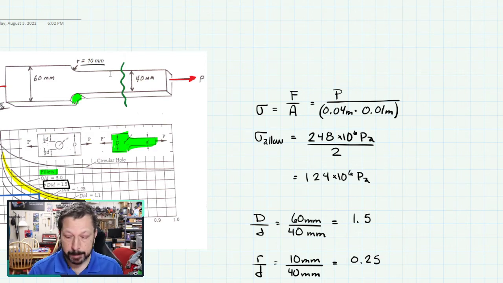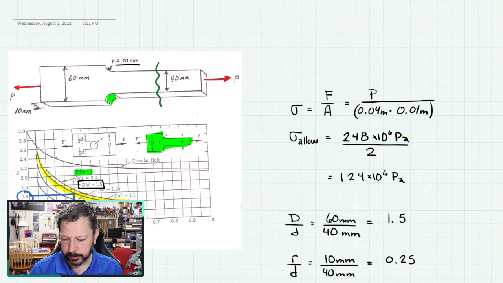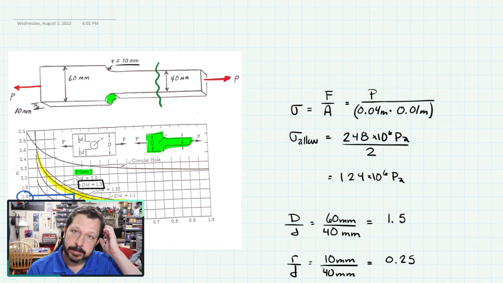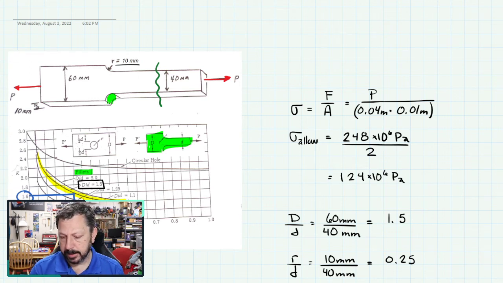But these are useful. This process is useful for going in and maybe you do want to do some kind of simulation work, finite element work, and this will give you a first pass that's relatively easy to calculate, that you can compare your simulation to the stress concentration factor and make sure that you're at least in the right ballpark on your simulation.